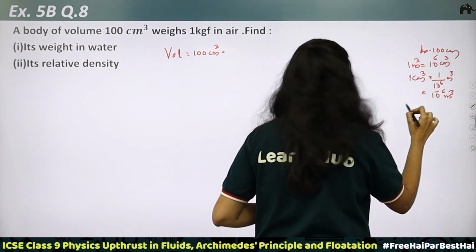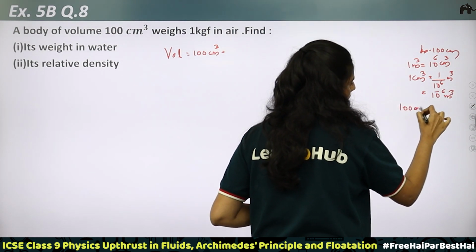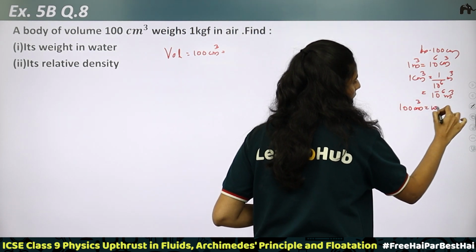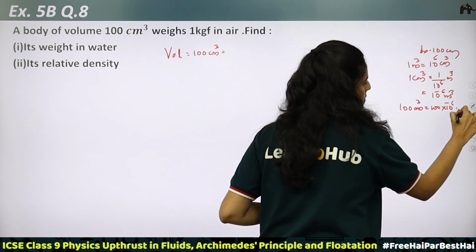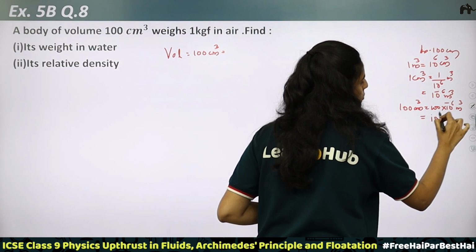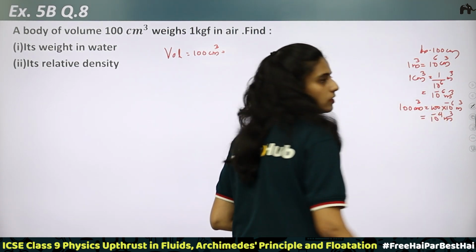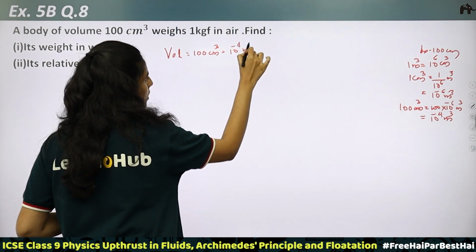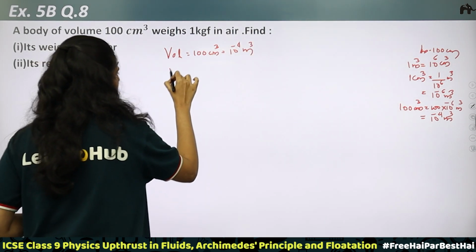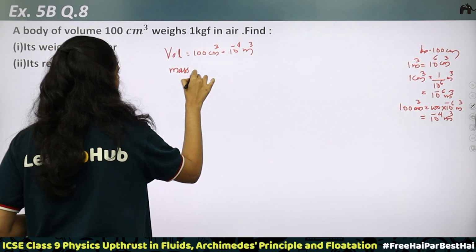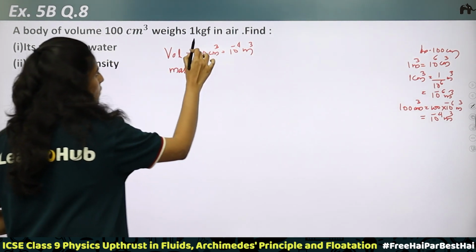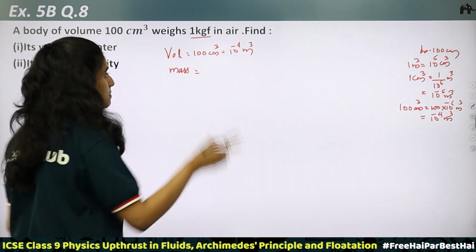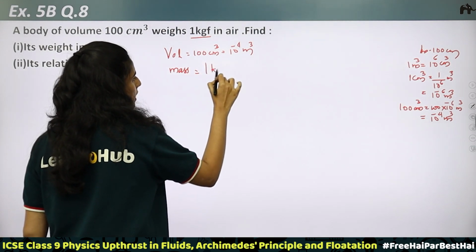So here we have 100 centimeter cube. So 100 centimeter cube will be 100 into 10 raised to minus 6 meter cube, that is 10 raised to minus 4 meter cube. This is the volume. Now we need mass. How to find mass? Here it is given that the weight is 1 kilogram force, which means mass will be equal to 1 kilogram.